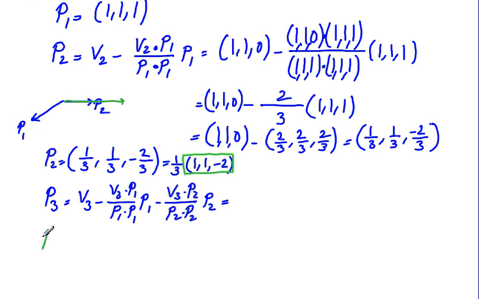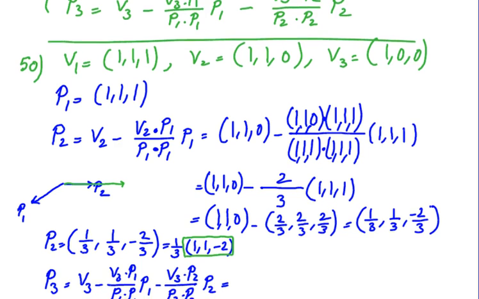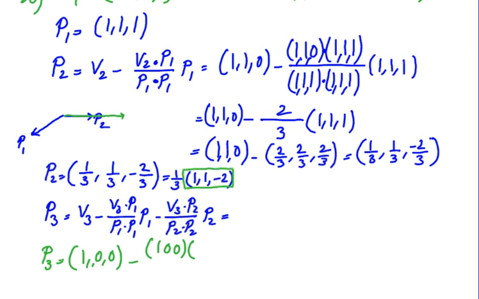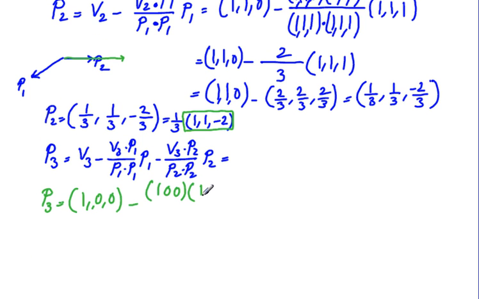So let's listen to that advice. Let's see if our life gets any better. P3 was 1 0 0 minus V3. So let's write 1 0 0, P1 is 1 1 1, minus V3 1 0 0.